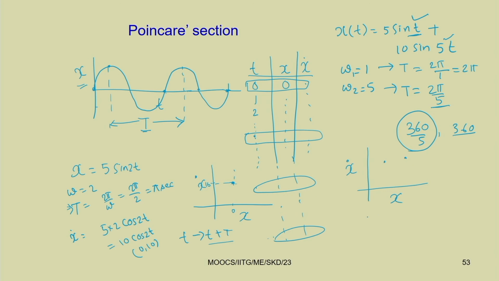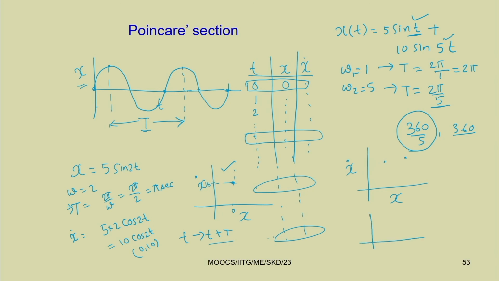Here we plotted the Poincare section for a single period, and here for 2 periods; with 2 periods we have only 2 points.